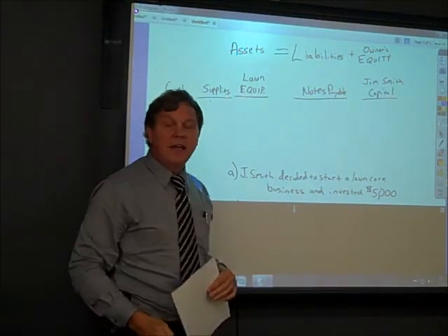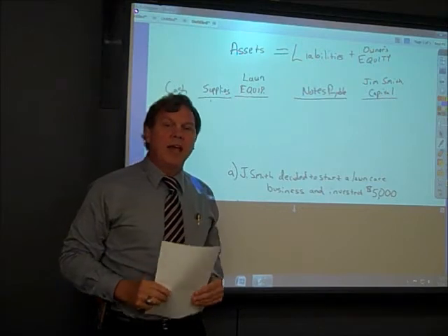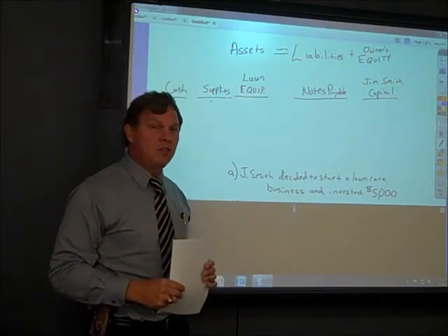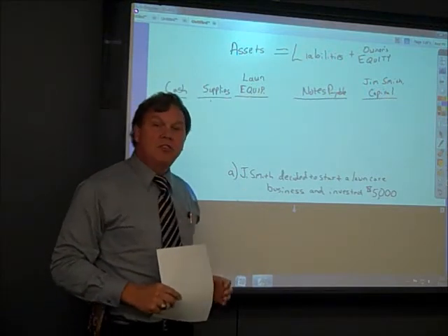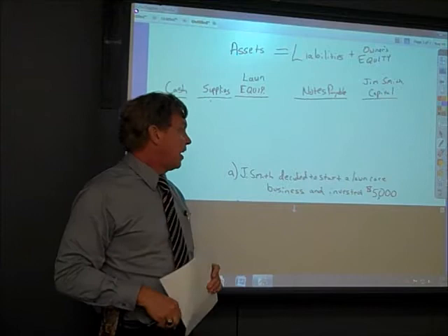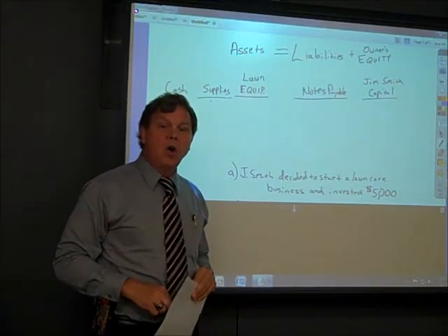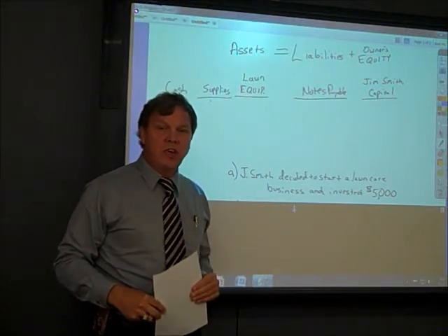The first one is that Jim decided to open this lawn care business. And he invested $5,000 of his personal money into the business. So in transaction A, we have Jim Smith decided to start a lawn care business and invest $5,000. Well, you have to ask yourself, what did the business receive in that transaction?